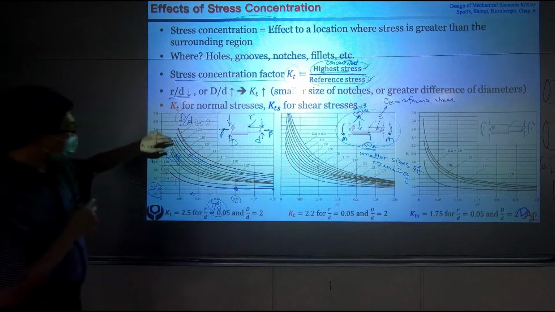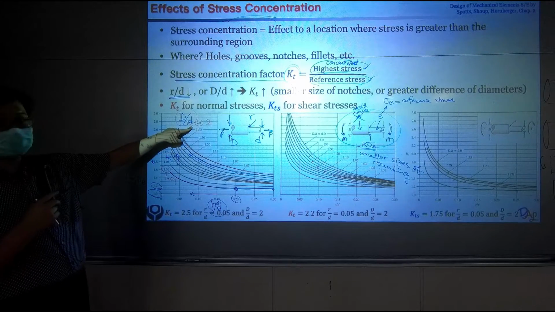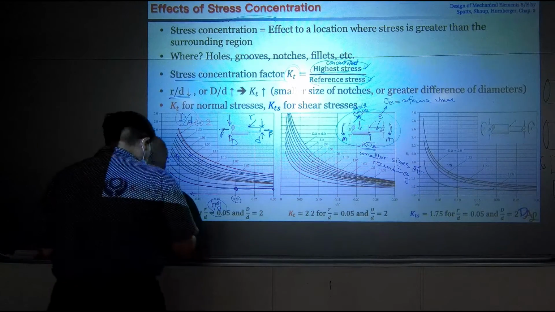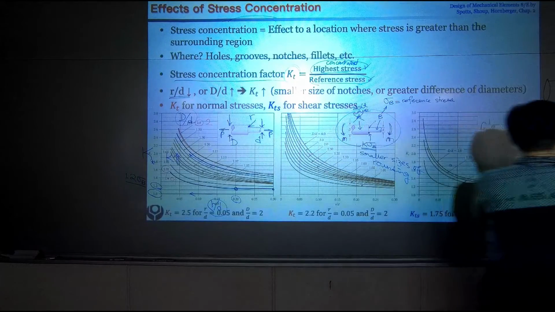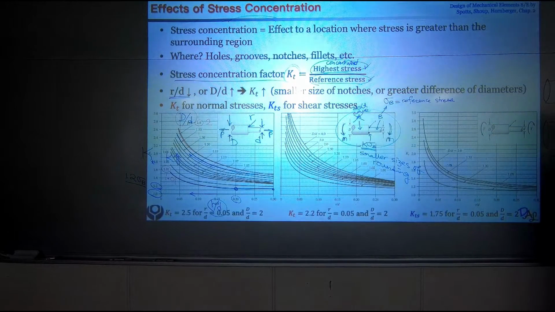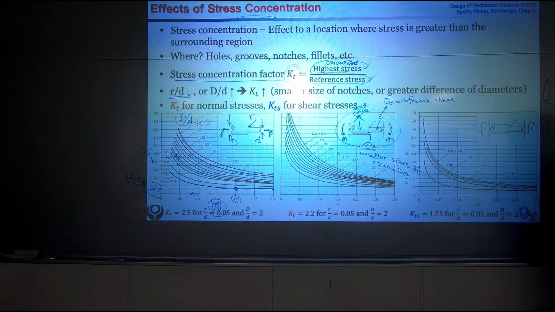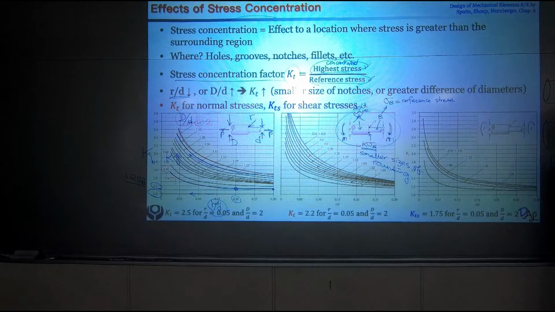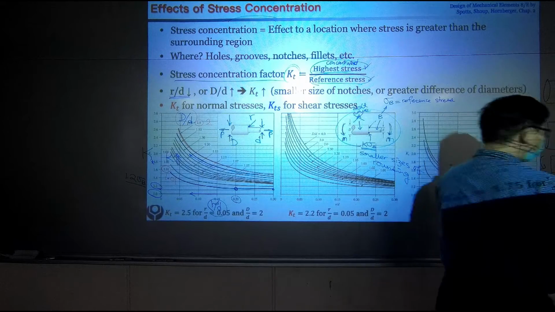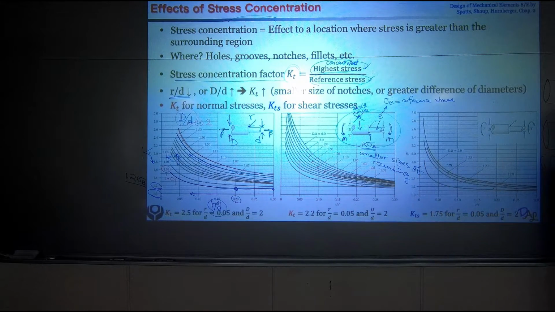Okay? And when the ratio is up to 2, which means if you have a design like this, if you make an engineering drawing like this, this is your capital D, and you have half of your capital D right here, and let's say you pick a rounding of R equals 10% of this.